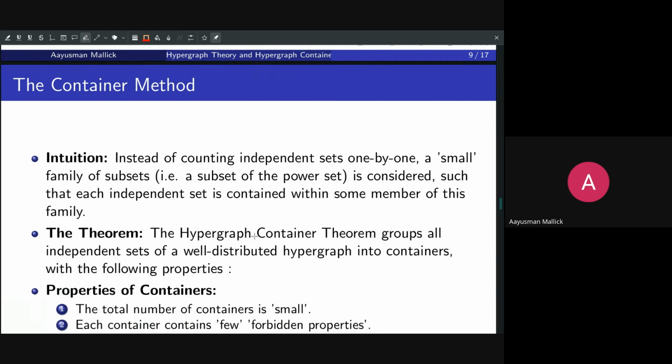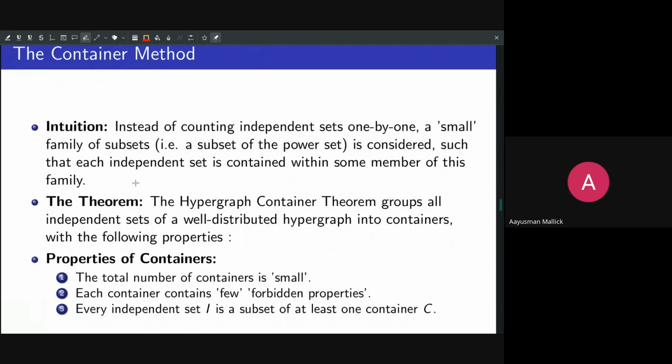Now, the hypergraph container theorem does nothing but group all independent sets, which we are trying to count here, of a well-distributed hypergraph, which we construct from other problems, into containers, which is a small family of subsets, such that the total number of containers is small.